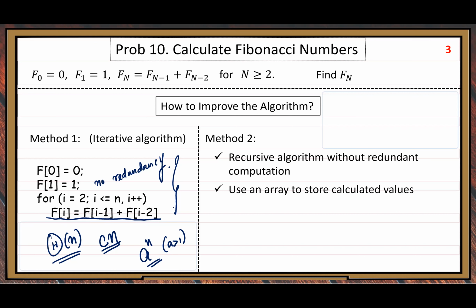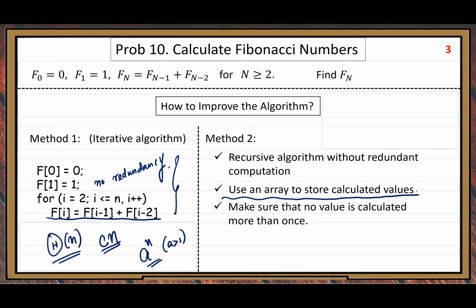The method is this one: use an array to store calculated values. The next time you need that value again, because you already have it stored in your array, why would you need to calculate it another time? That's the simple idea to avoid redundant calculation.